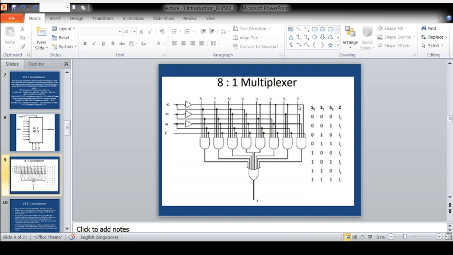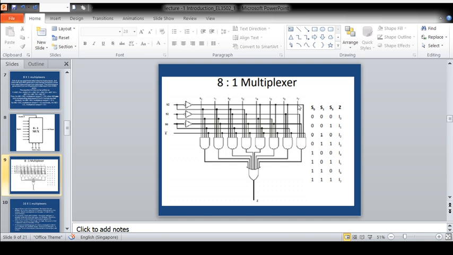How many inputs do the AND gates need? Because there are A, B, and C control signals plus one data input, 4 input AND gates are required. How many AND gates are required? 8 AND gates, because there are 8 channels. And you require an OR gate, with the output of each AND gate connected to its input. So an 8 input OR gate is required.